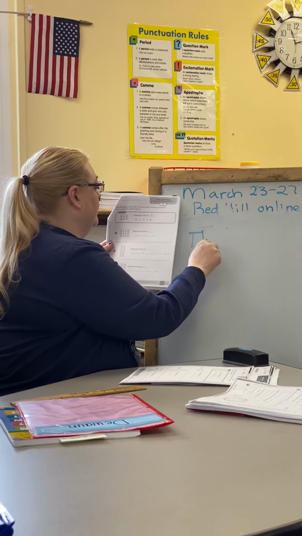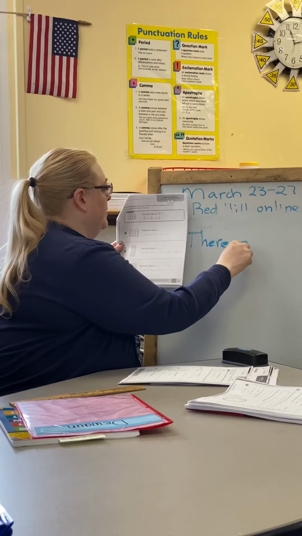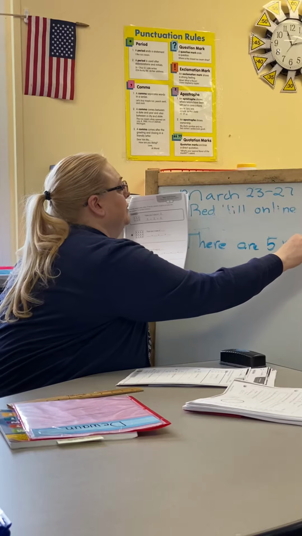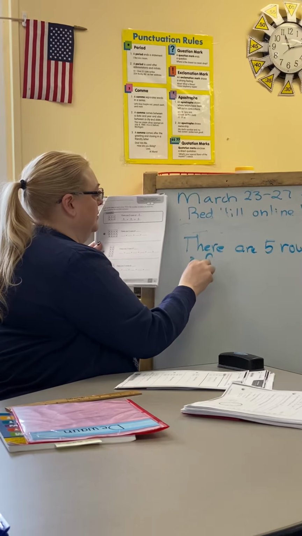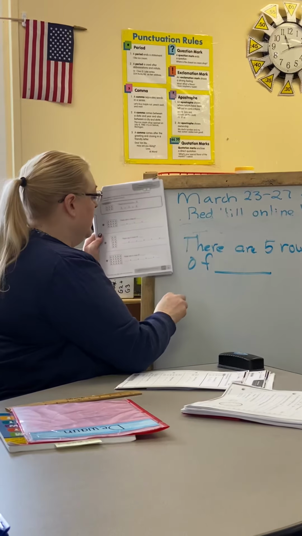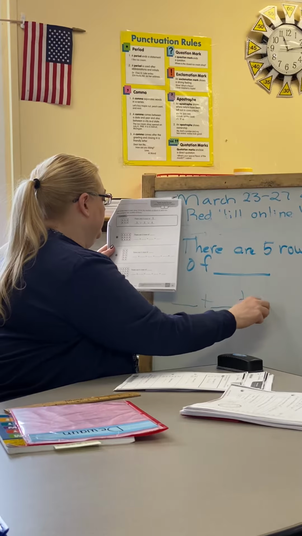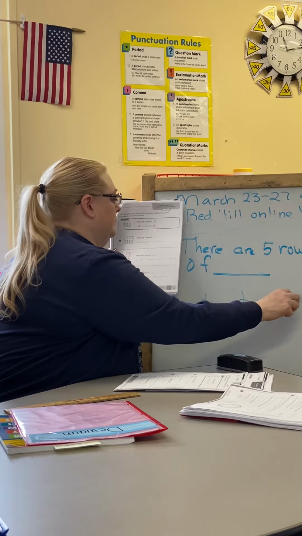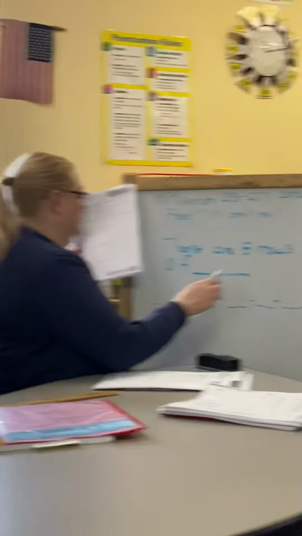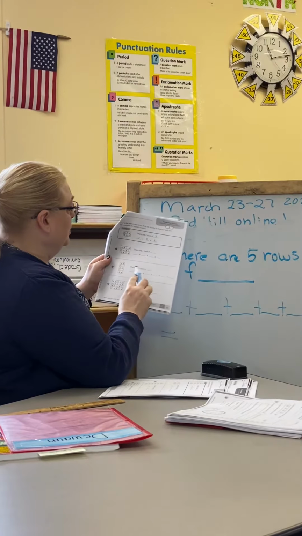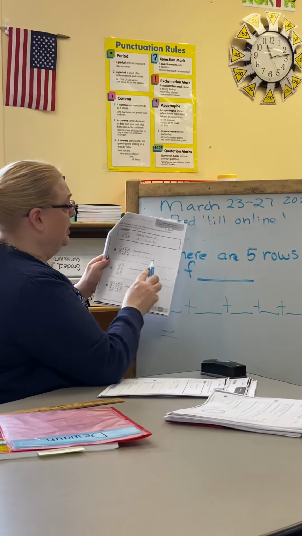There are 5 rows up, and then they give you a line. Then they have plus, plus, plus equals. Okay. In each row, there's 2.